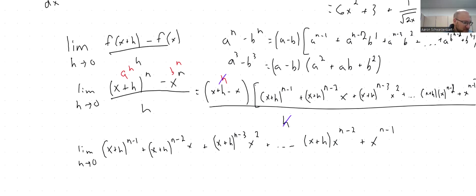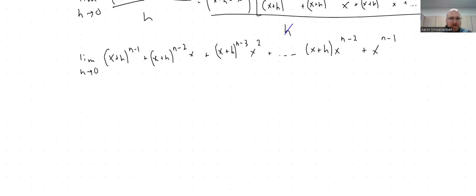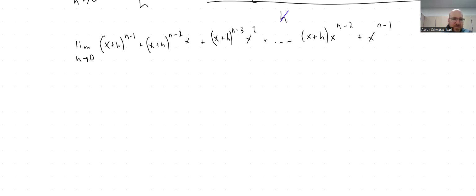So as h goes to 0, all of these x plus h's just become x's. So we're going to apply 0 to h. I don't need the limit anymore.